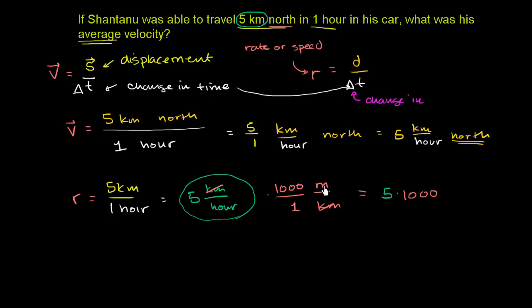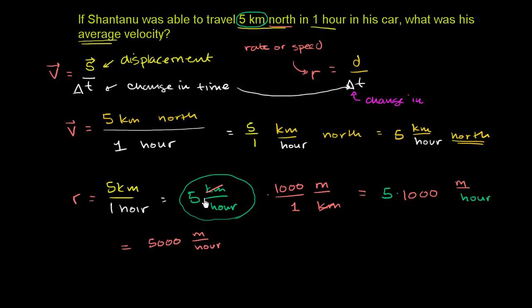And then in the units, in the numerator, you have meters, and in the denominator, you have hours. Meters per hour. So this is equal to 5,000 meters per hour. And you might say, hey, Sal, I know that 5 kilometers is the same thing as 5,000 meters. I could do that in my head.